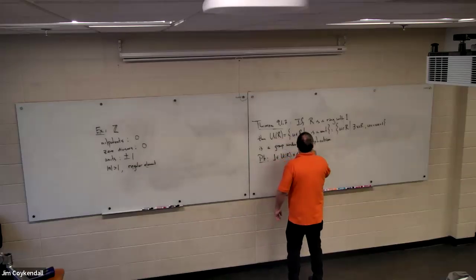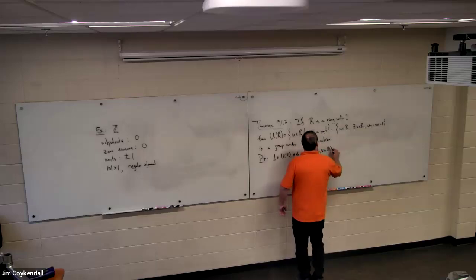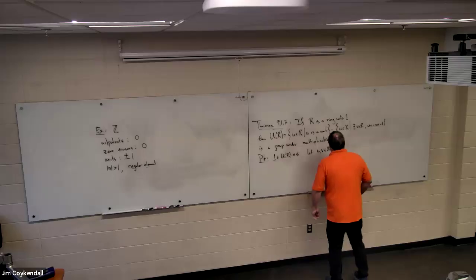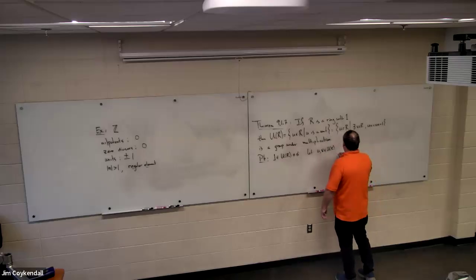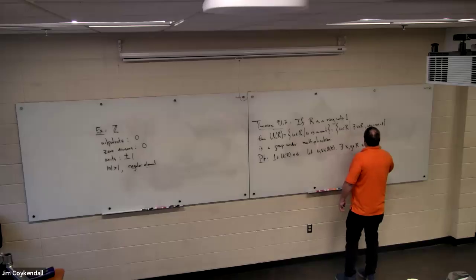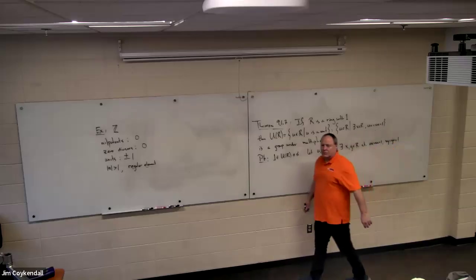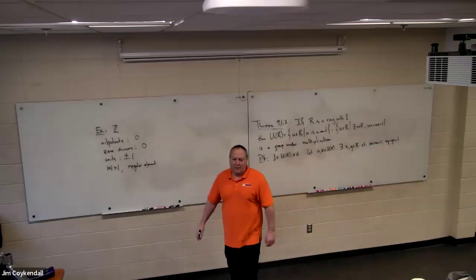So let U, V be in U(R). So there exist X, Y in R such that UX = XU = 1 and VY = YV = 1. So that's what it means for those two to be units.